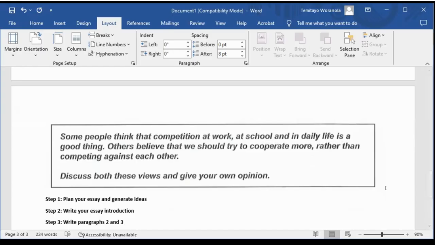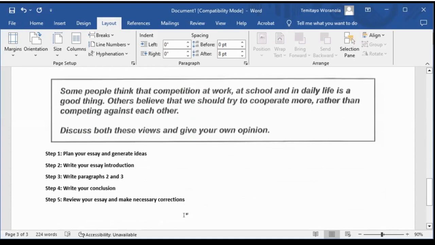So in this case, I'll pick either competition or cooperation. Cooperation can also be referred to as collaboration. Looking at this topic, I'm going to go with cooperation. I believe that cooperation is better than competition. That's my position. So your first duty is to decide what your position is. Once I know my position, I'm going to write it out.